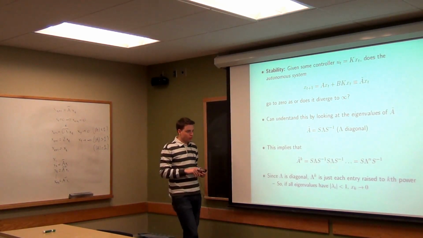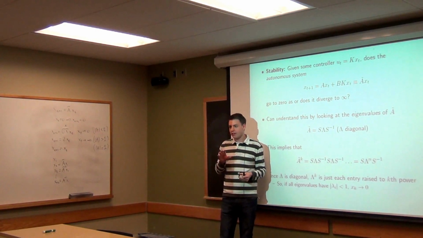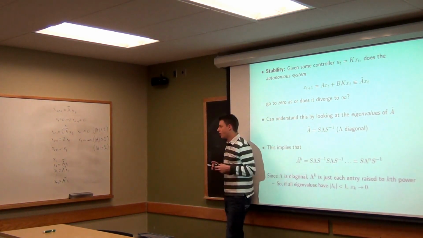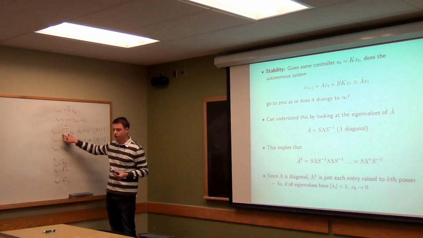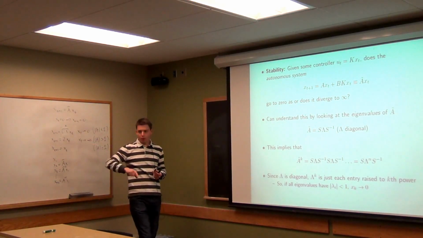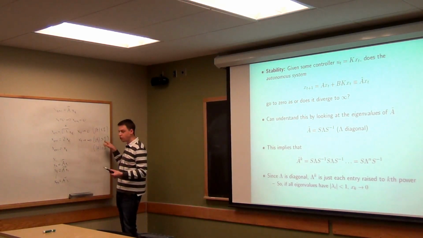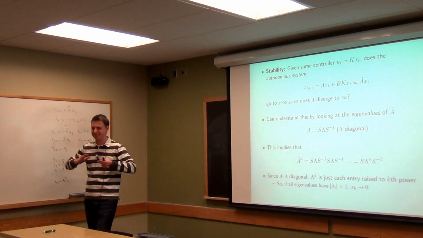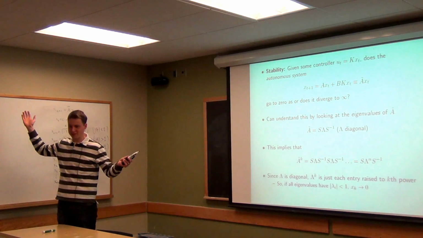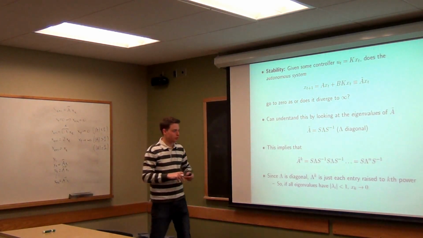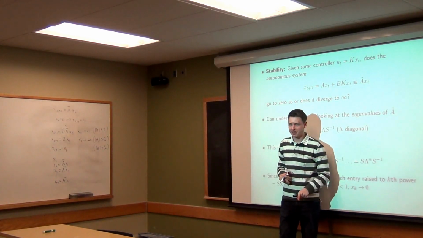So, in some sense, those eigenvalues, which are these values on the diagonal of lambda, are acting like this scalar term here. And if those eigenvalues are bigger than 1, it will go to infinity. Even if just one is bigger than 1, by the way, it has the power to make the whole matrix go to infinity, because you're still pre-multiplying by S and post-multiplying by S inverse.